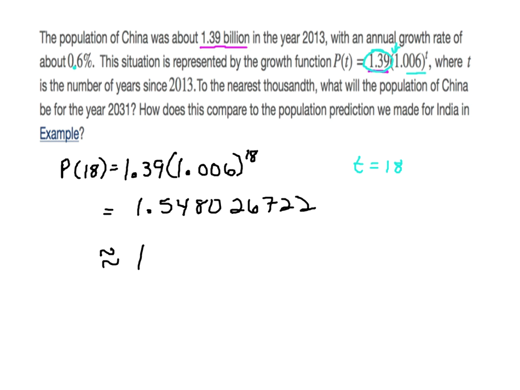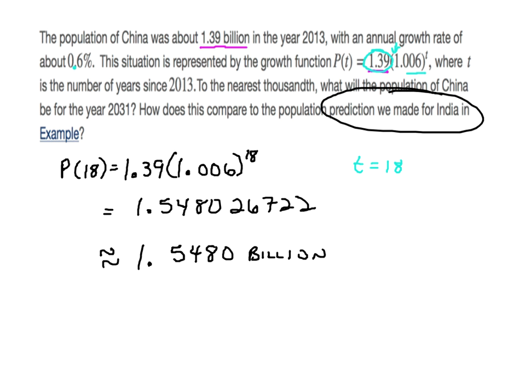So the population is approximately 1.548 billion. And then it says, contrast or compare this to the population prediction in India.